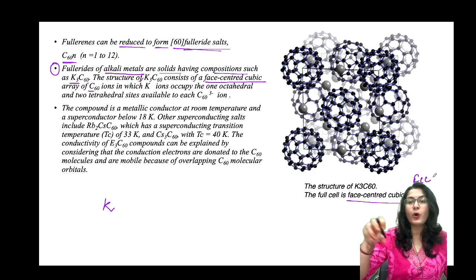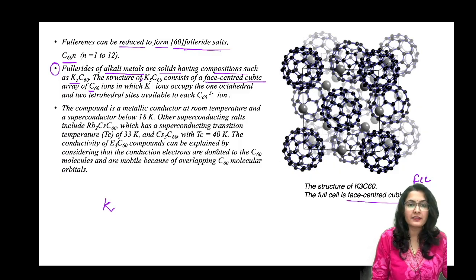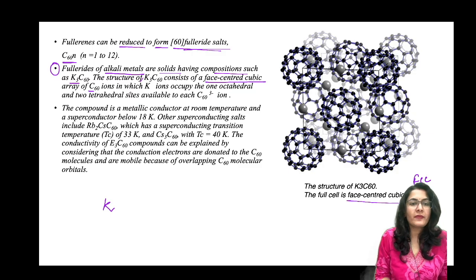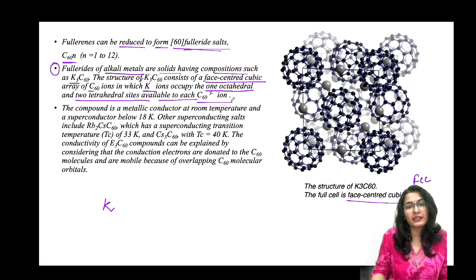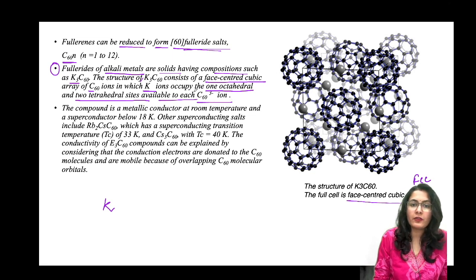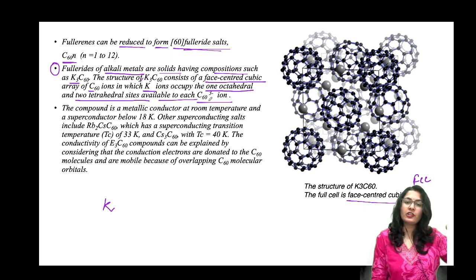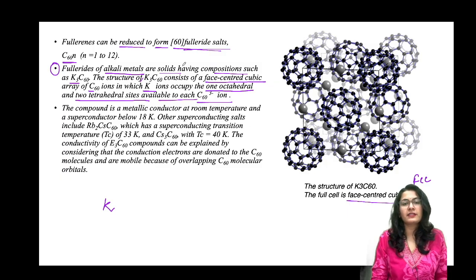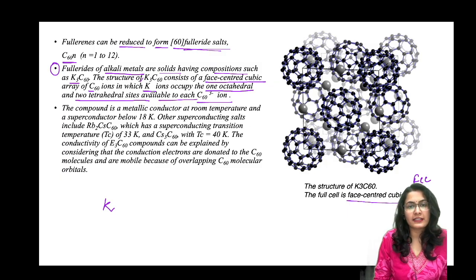So C60 balls are arranged in an FCC lattice, which is the most efficient lattice, in which potassium ions occupy the one octahedral and two tetrahedral sites available to each C60^3- ion. So according to one C60, potassium occupies one octahedral and two tetrahedral sites with respect to each C60. That's why it is K3C60 like that.